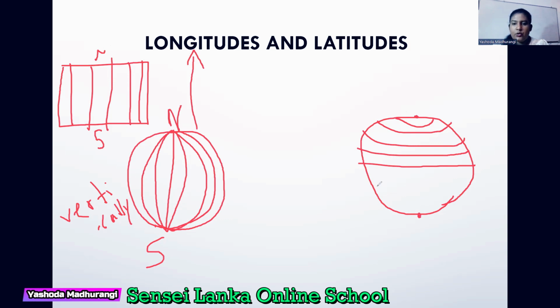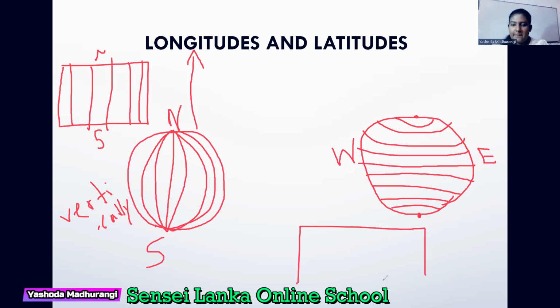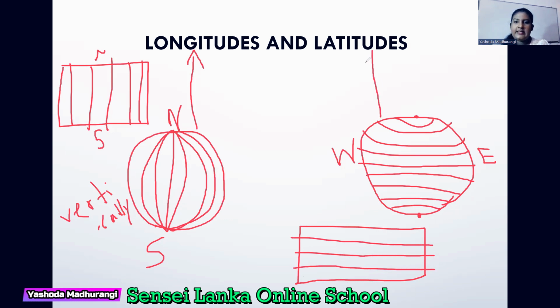They are also imaginary lines. They are drawn from west to east. If we take a world map, we can draw them like these horizontal lines. What are they? Latitudes.